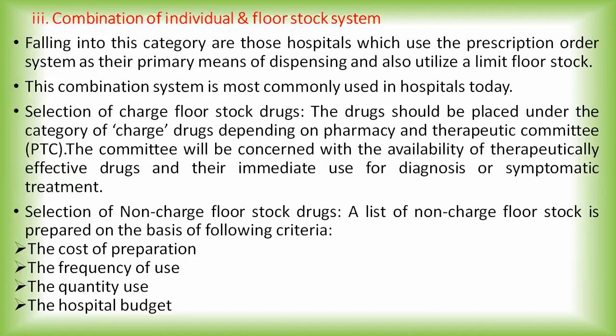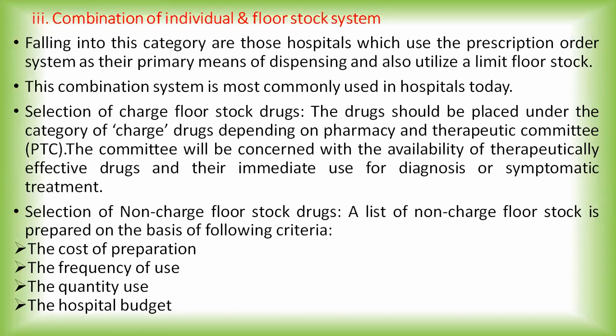Now the third drug distribution system to the patient is a combination of individual and floor stock system. So it is a combination of what? Individual, which we discussed earlier, and the floor stock system. Falling into this category are those hospitals which use the prescription order system as the primary means of dispensing and also utilize the limited floor stock system. That means a combination of both. Some drugs may get stored.